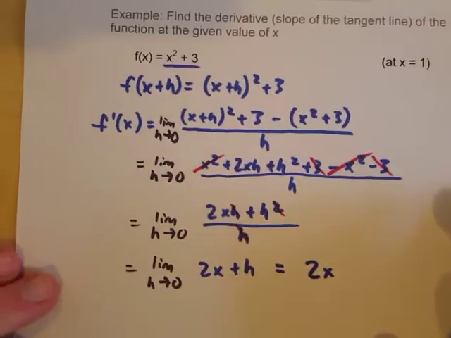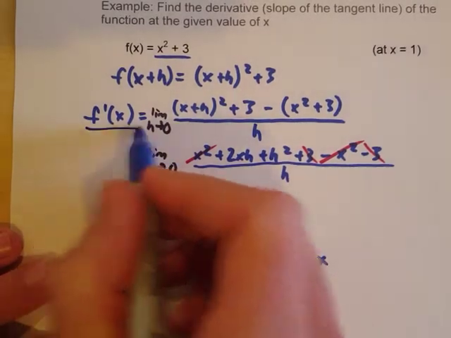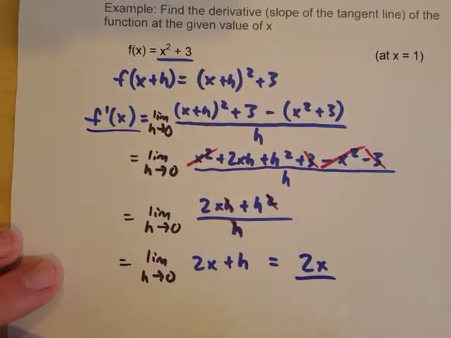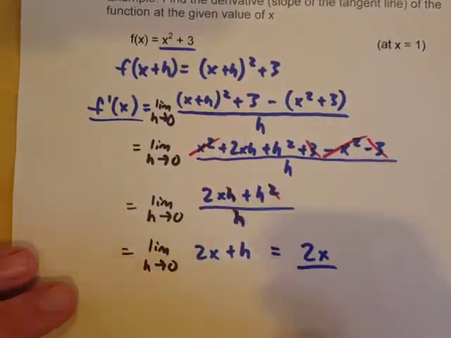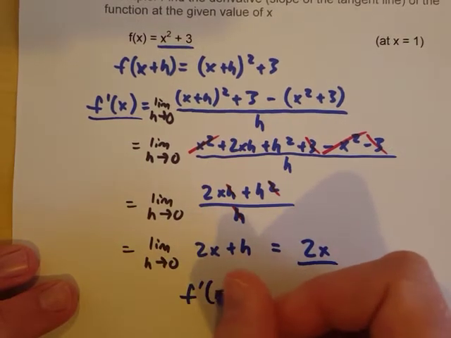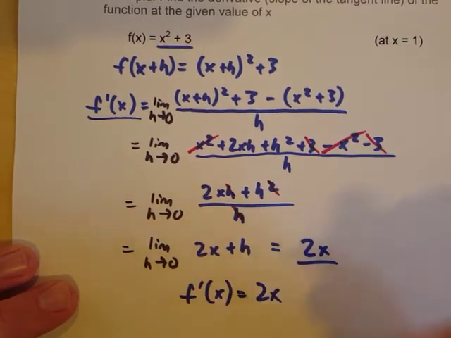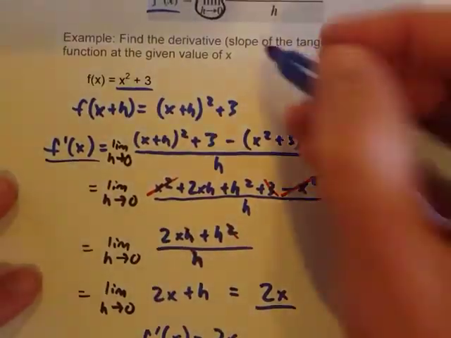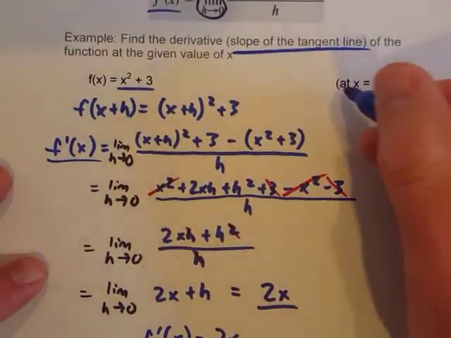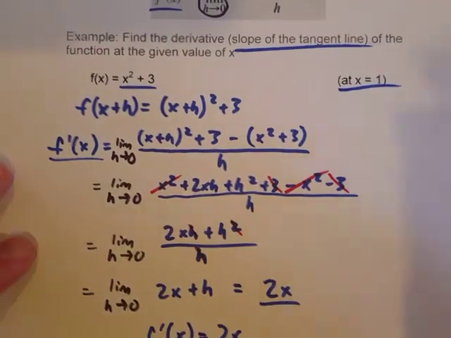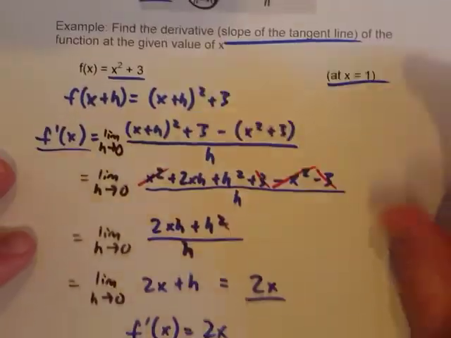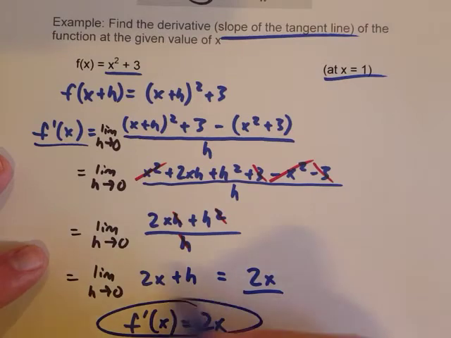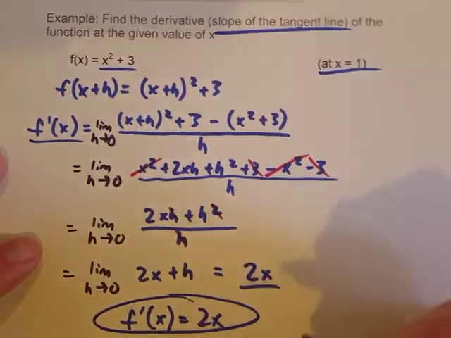And so if I look back to the beginning, I had f prime of x equal to 2x. That's what I'm getting at here, is that I found my derivative to be 2x. So we're almost there, but we wanted to find the slope of the tangent line at this particular point. So once we have that point now, I can go to this formula and plug in my x value to find the slope.